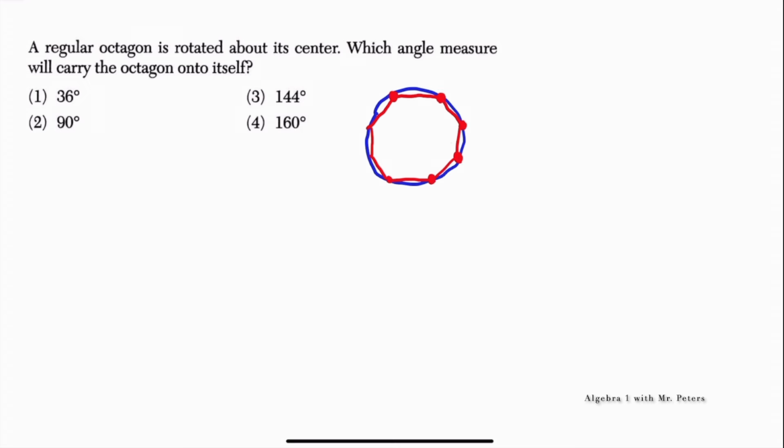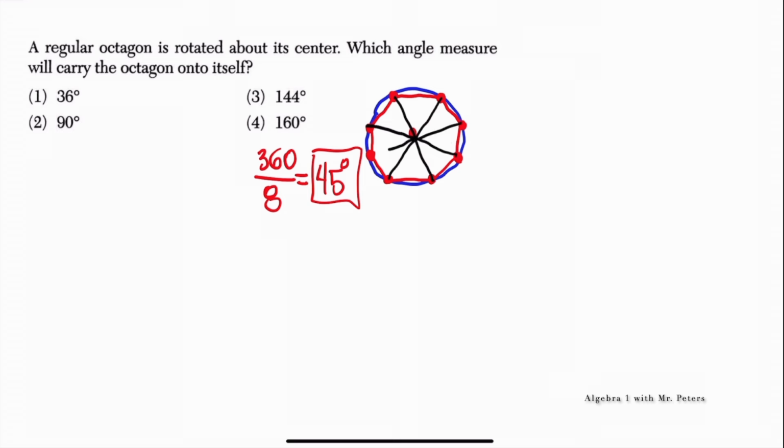And the reason why I put it in a circle is because when we rotate it about the center, this is 360 degrees. We divide by the number of sides, which is 8, which is going to give us 45 degrees. So when we slice this octagon, each one of these pieces is going to be 45 degrees.